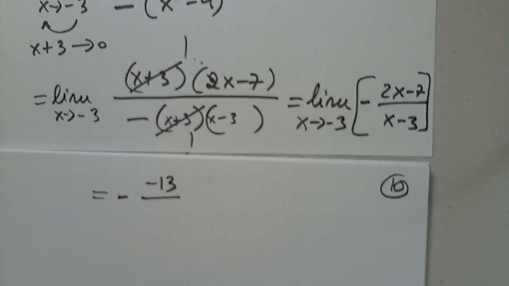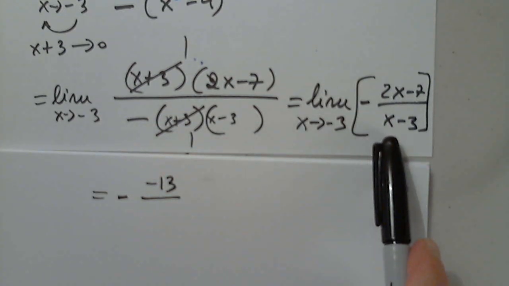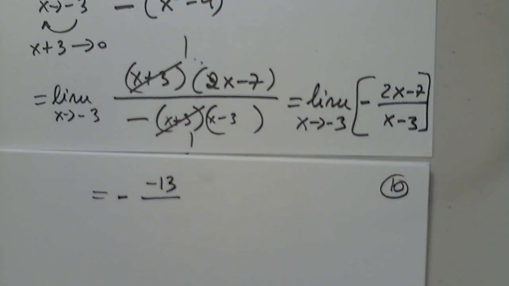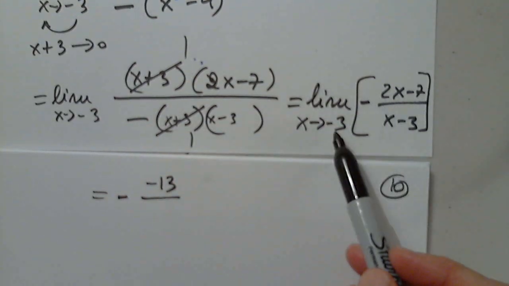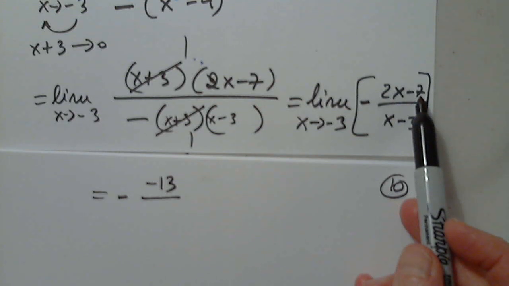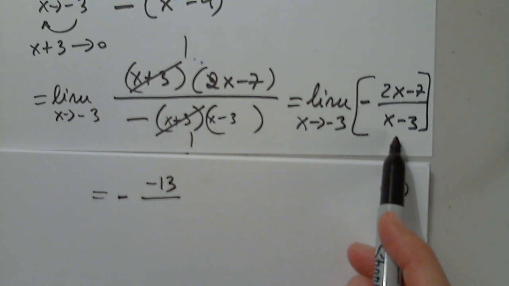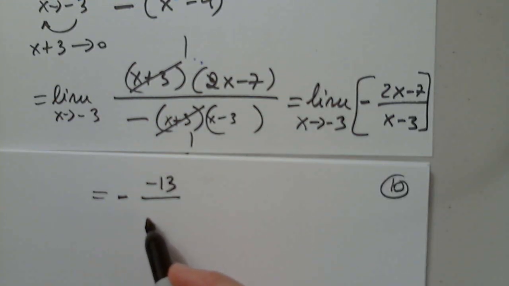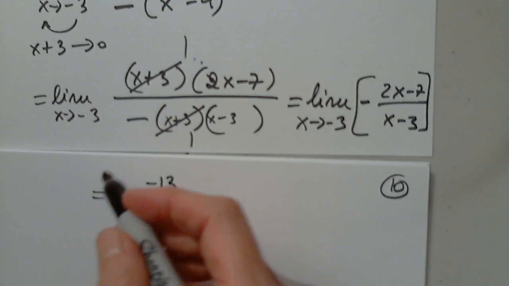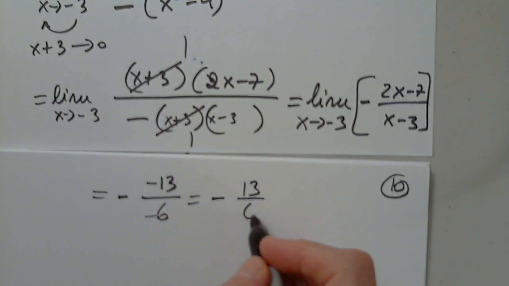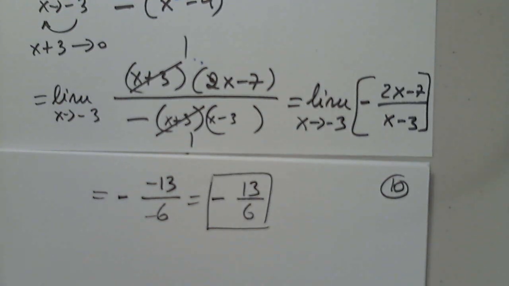How did you get the -13 again? 2 times -3 is -6. -6 minus 7 is -13. Okay. We are applying the limit. And can anyone give us the denominator, please? -6. Excellent. 3 negatives make a negative. This is it. Awesome.